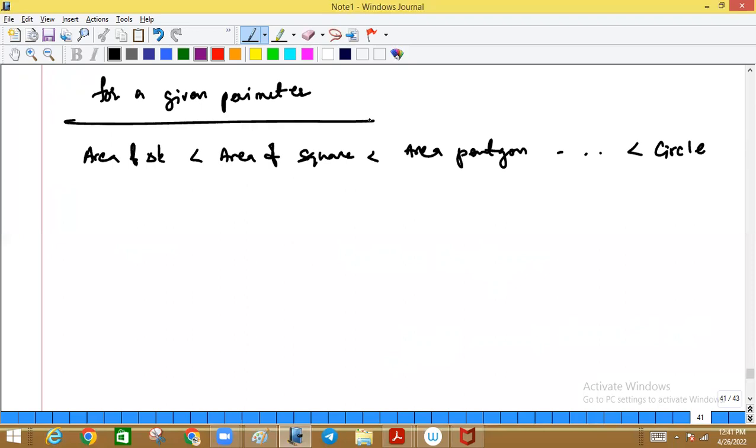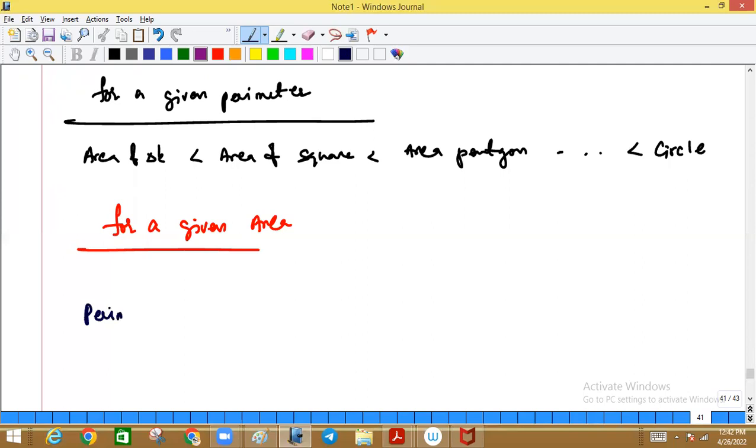Which means if I give you a rope or a wire or a thread and ask you to form a figure which occupies the maximum area, which figure do you choose? You choose circle. Circle occupies the maximum area for a given length of perimeter. Suppose for a given area, meaning area is constant, which figure occupies the maximum perimeter?